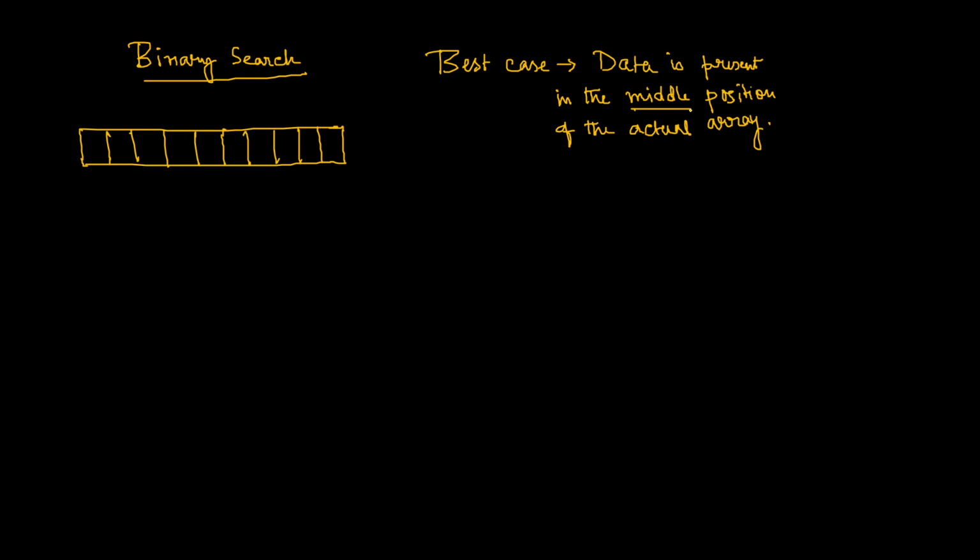So depending on the algorithm, obviously the best case varies, but whatever, here this T(n) will be the same as it was, big O of 1, because it will take a constant amount of time. Data is present at the middle, just in the first attempt I will get it. I don't need to see how large the data set is.